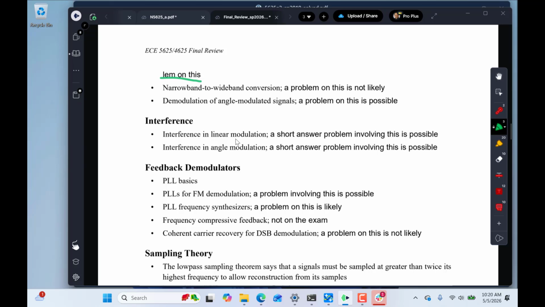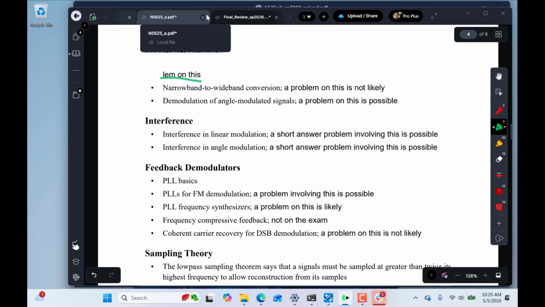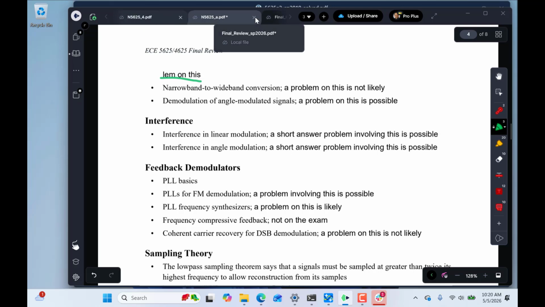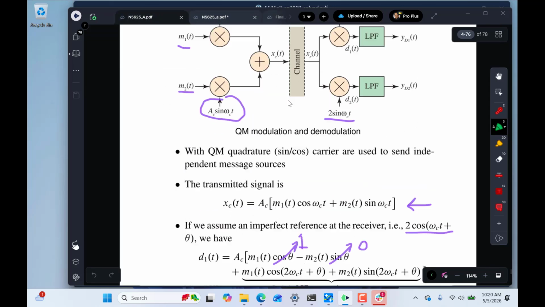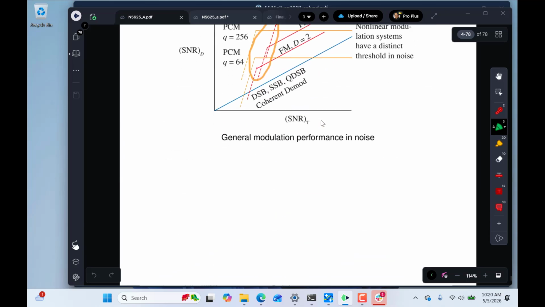Angle modulation can handle it too, but it's more subject to the thresholding phenomenon, which we talked about early in class. It'll go to pieces and be gone. Only 3 of you were here when I first went through this, but it's this last little topic in here.